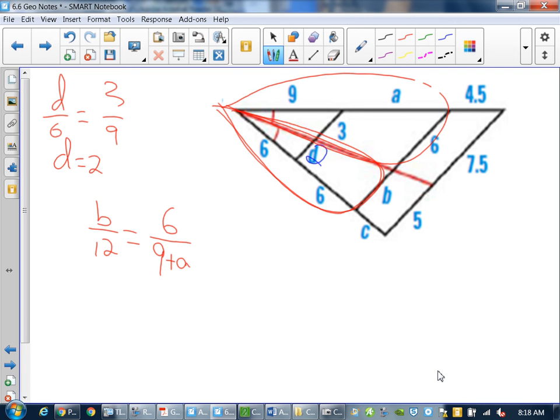Now, in this case, I can't say that these guys wind up being parallel.